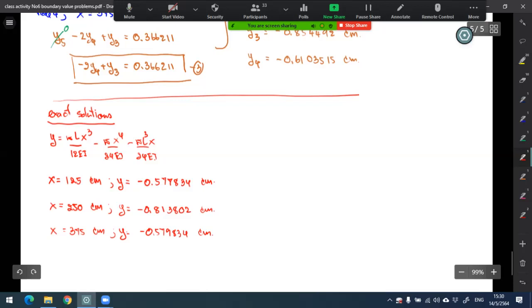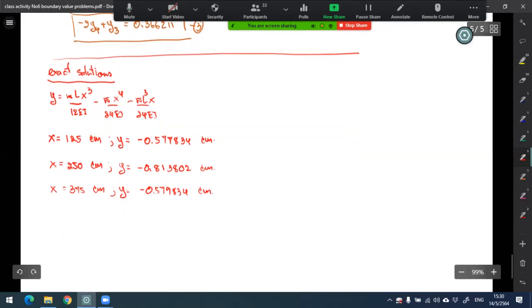Okay, so then we can determine the percent error in comparison with the numerical solution that we already obtained above.